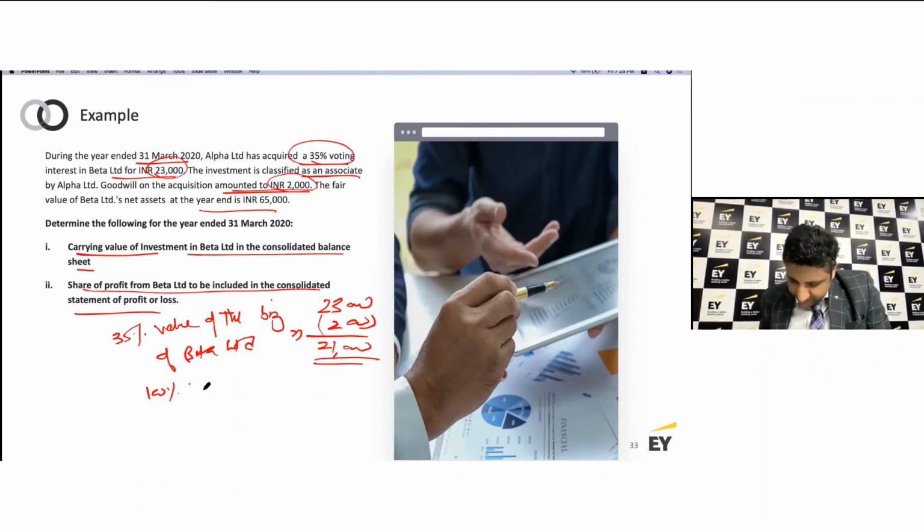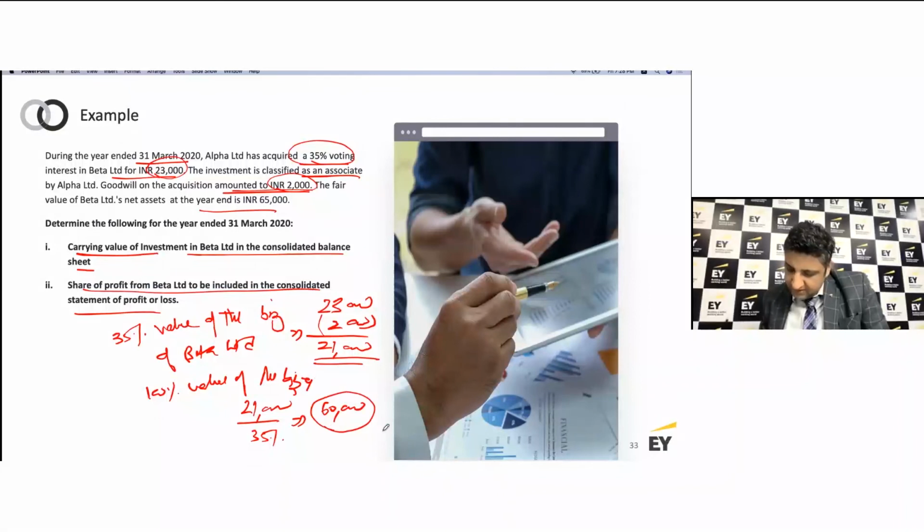The 100% value of the business would be 21,000 divided by 35%, and that amounts to 60,000, right? So when you acquired Beta Limited, the 100% value of the business was 60,000, and you acquired 35% out of that, which had a value of 21,000, but you paid 23,000.